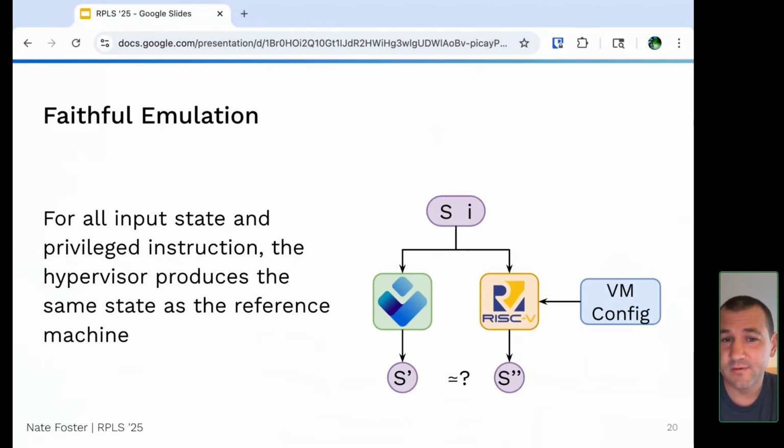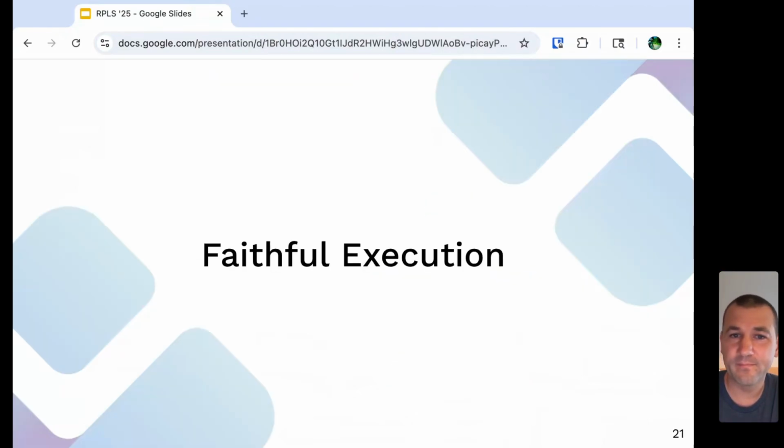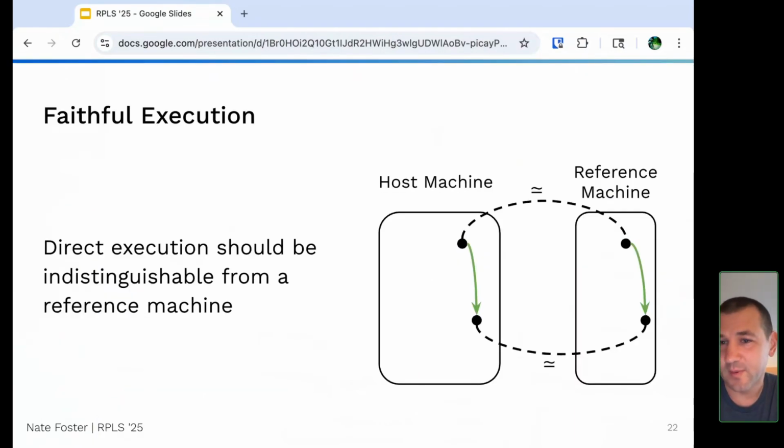When both of these executions have terminated for this instruction, we'd like them to end up in an equivalent state. Okay, and then faithful execution is just the other picture, where for the unprivileged instructions, it's just directly executing. And again, we'd like that to be indistinguishable, or equivalent with the simulation of the reference machine.